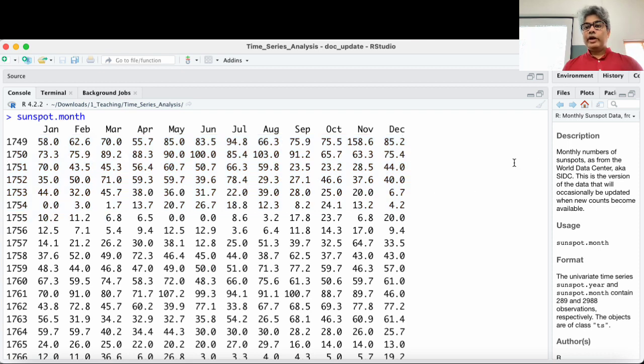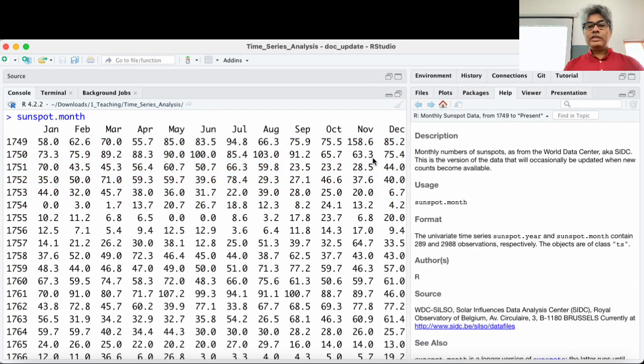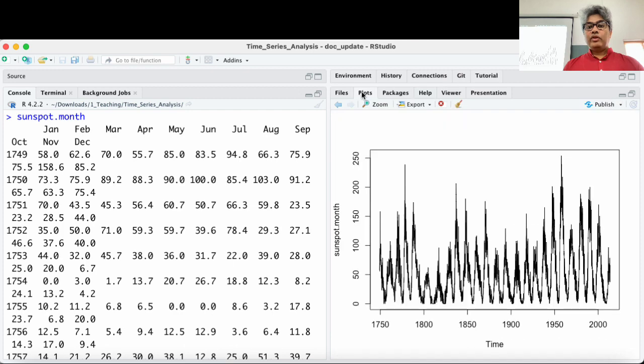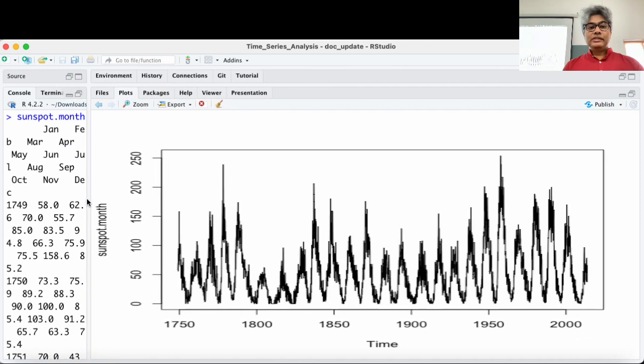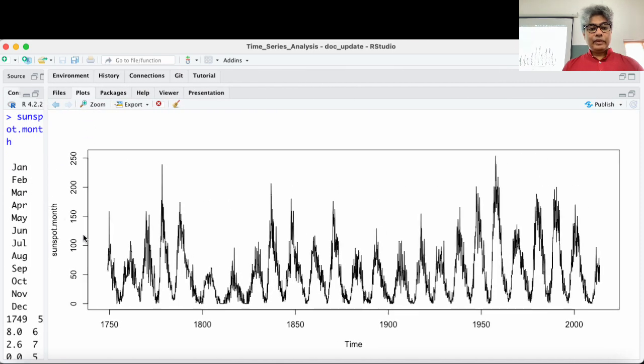Now it's monthly numbers, and if you look at the plot, let us increase the size. Between 1750 to 1800, a 50-year time period, how many cycles? 1, 2, 3, 4, 5, 4.